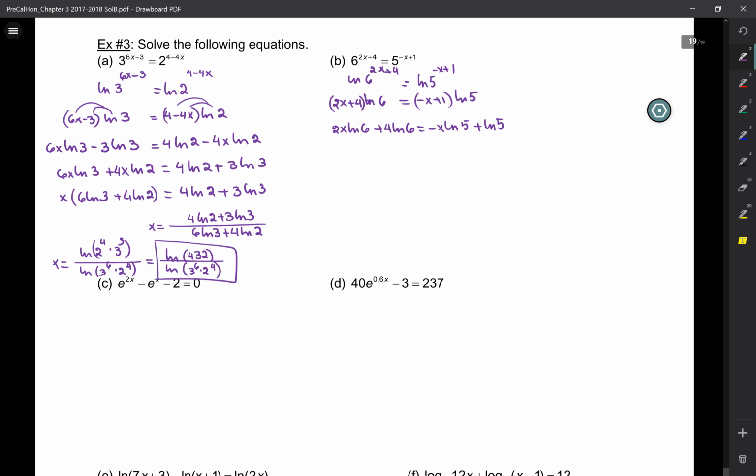Let's take the x's to the same side. So 2x ln of 6 plus x ln of 5 equals ln of 5 minus 4 ln of 6.